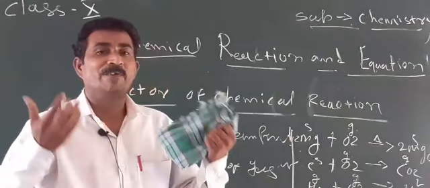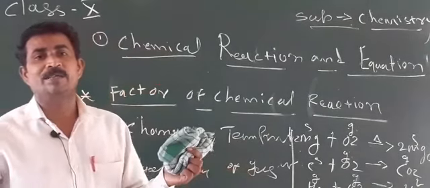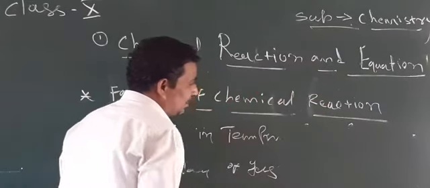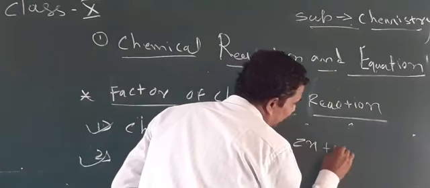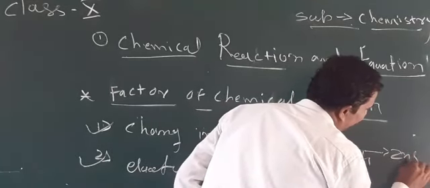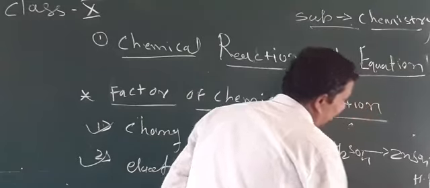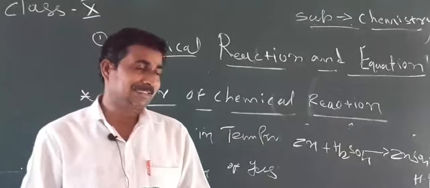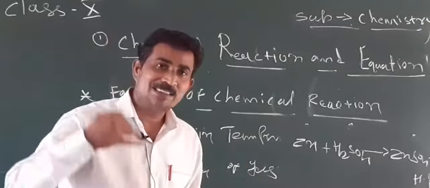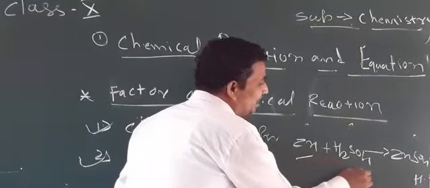In evolution of gases, what happens when a chemical reaction goes on is that one element changes to another, and gases are evolved. Suppose, for example, zinc: Zn plus H2SO4 gives ZnSO4 plus H2, with hydrogen liberated. When a chemical reaction is going on, in some reactions gases are thrown out or liberated; we call this evolution of gases.